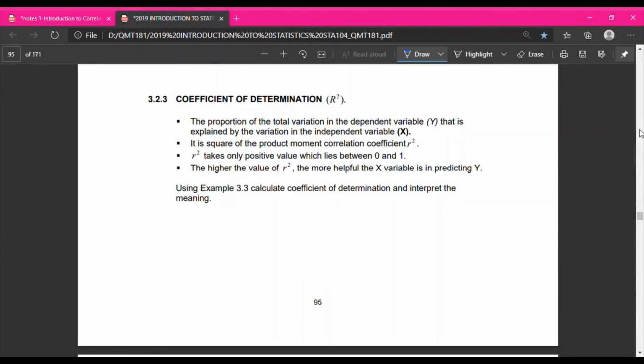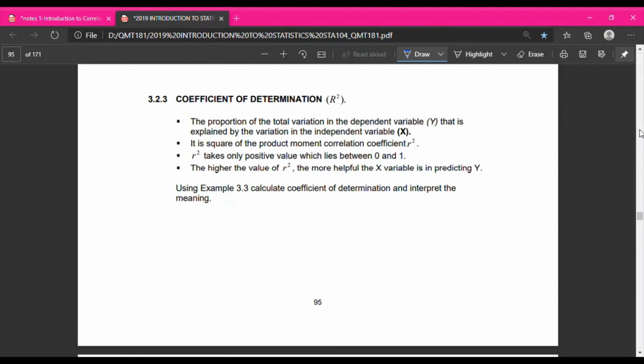It is the proportion of the total variation in the dependent variable y that is explained by the variation in the independent variable x. So R square will tell us how many percent of y is explained by x.